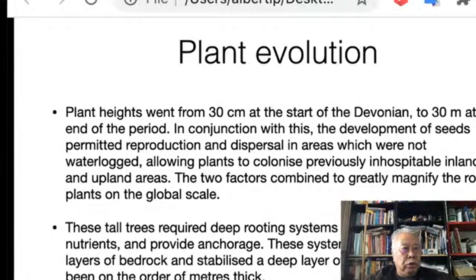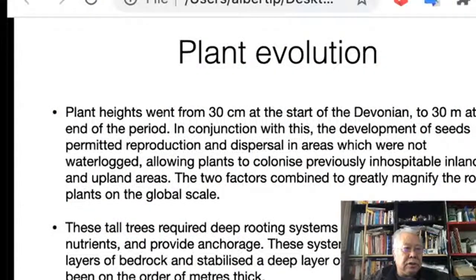The production of wood also requires trees to have a very deep rooting system in order to acquire water and nutrients and provide anchorage. This type of activity broke up the bedrock and stabilized a deep layer of soil, and then the biosphere actually changed because of the trees.